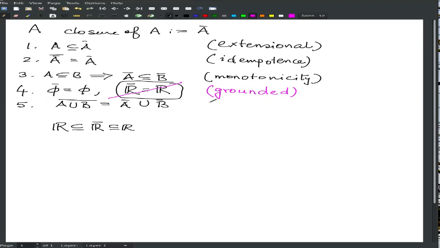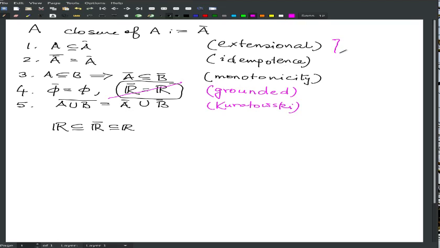And this one is called the Kuratowski property. But in general, if we have any such assignment, this is for subsets of reals. Similarly, for the subsets of complex numbers, we have also defined closure.